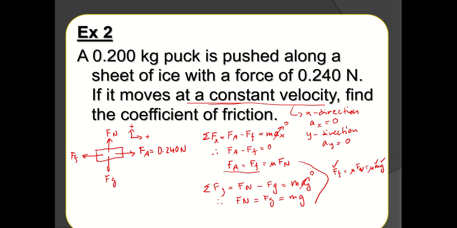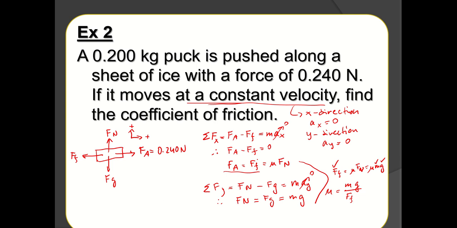So let's rewrite this. I guess we should write this in terms of Fa, not Ff. But let's rewrite it down here. We have our mu equal to mg over Ff.